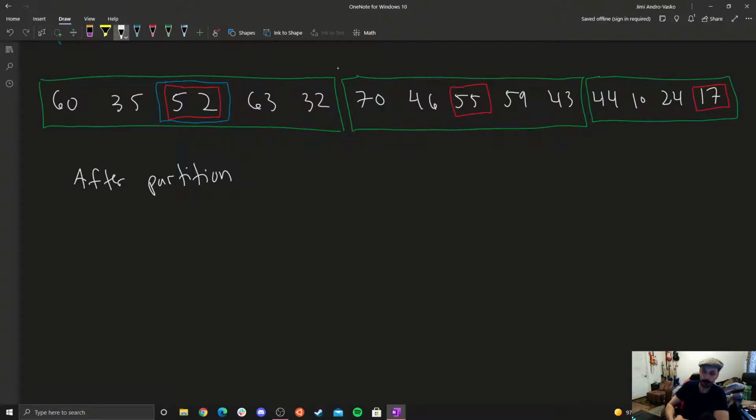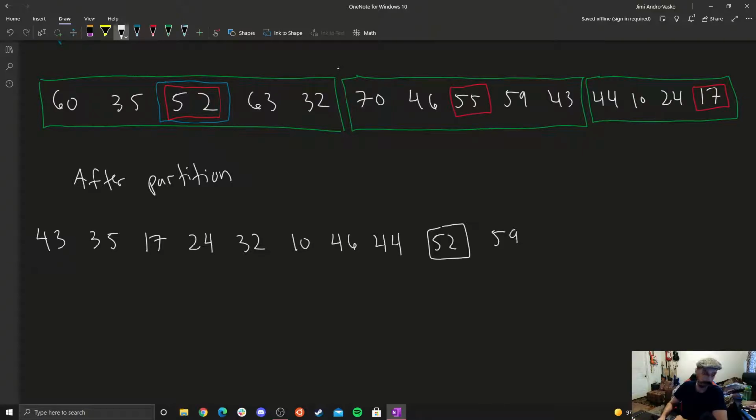So we're going to have the following list. We're going to have 43, 35, 17, 24, 32, 10, 46, 44, and 52 will end up over here.